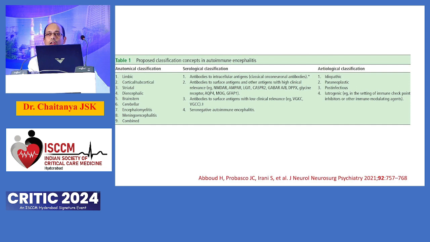Then the serological classification, based on identifying antigens, whether paraneoplastic ones or surface epitopes, or sometimes even seronegative autoimmune encephalitis. Then comes the etiology: either idiopathic, paraneoplastic, or post-infectious. A newer class, which we are often seeing now with the increasing advent of monoclonal antibody usage in cancer, is immune checkpoint inhibitors. These are another group of patients who often come with autoimmune encephalitis.